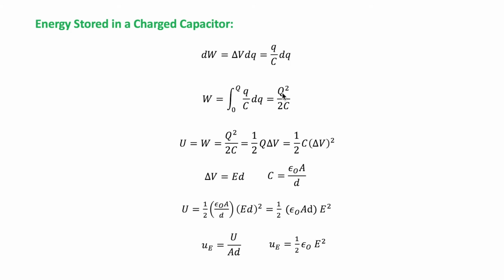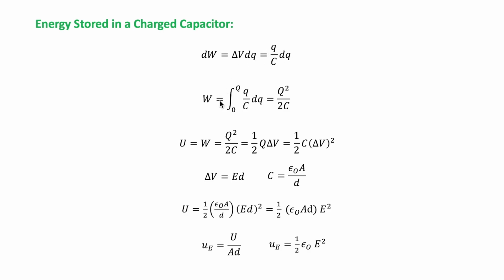Okay. So let small q be the charge at an intermediate state during the charging process. Then the work dW done by an external agent to transfer dq from one plate to another is given by this equation. So dW is equal to delta V dq, and delta V at any stage while it's charging is equal to q over C dq.